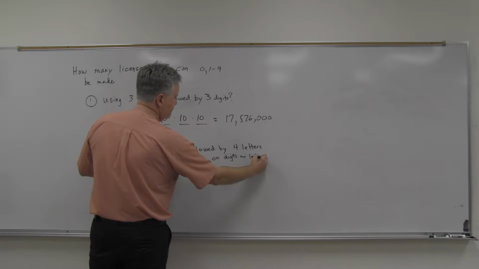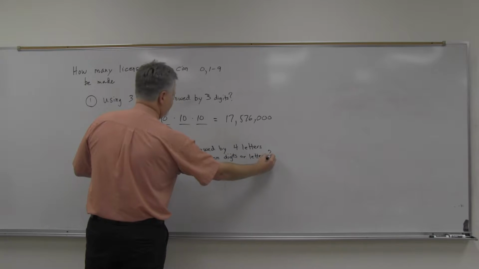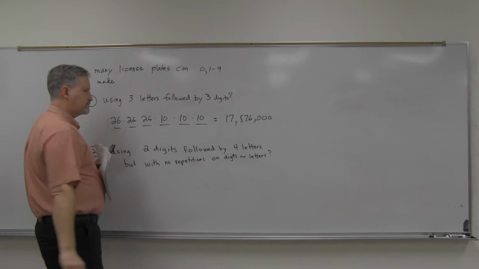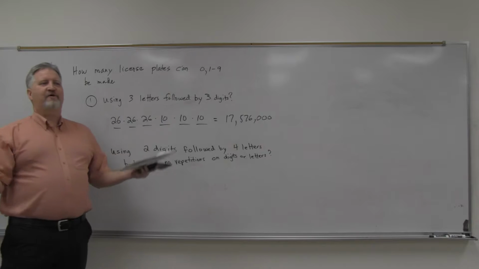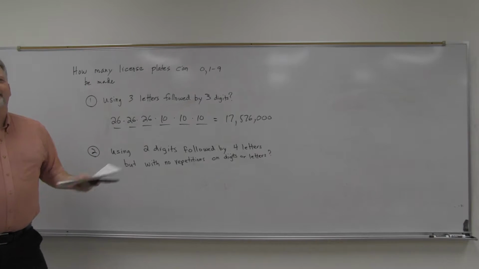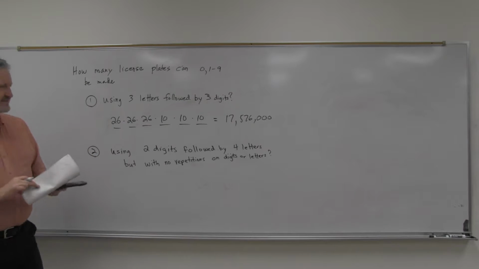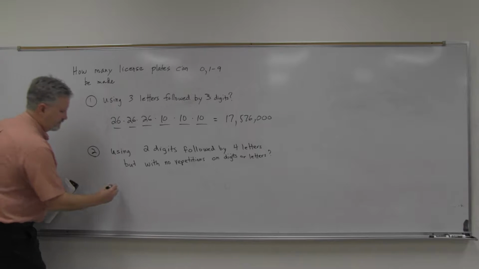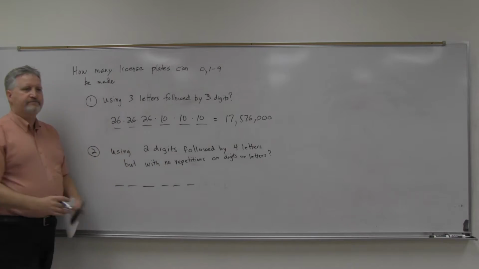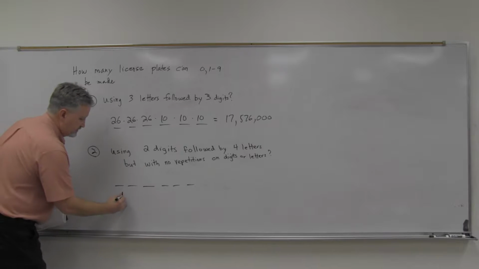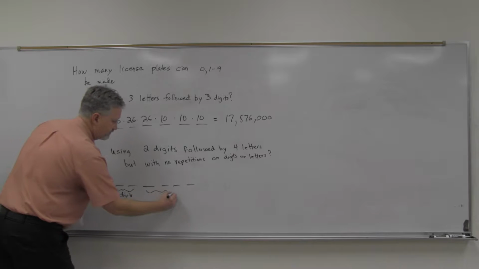We could say we could repeat one and not the other, but let's just make it all across the board. No repetitions on digits or letters. So again, 2 digits and 4 letters. We still got 6 blanks, but we only have 2 digits, and then we got 4 letters.